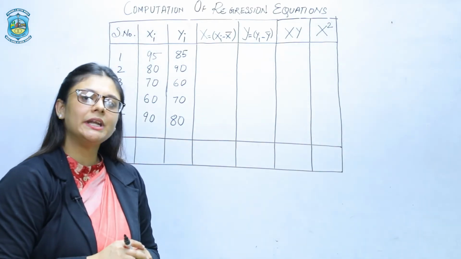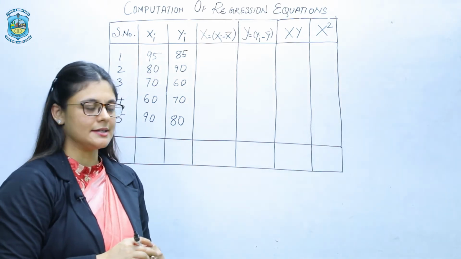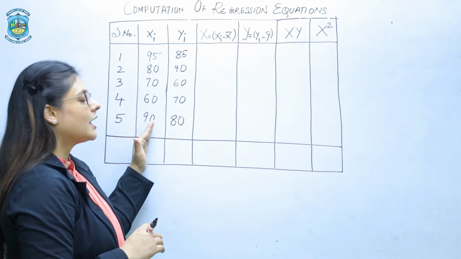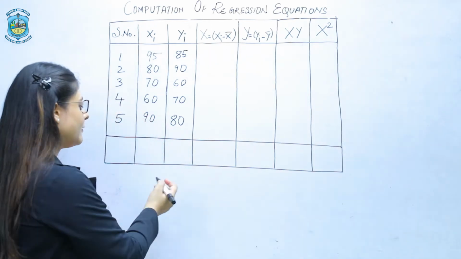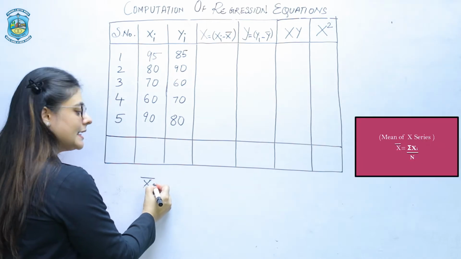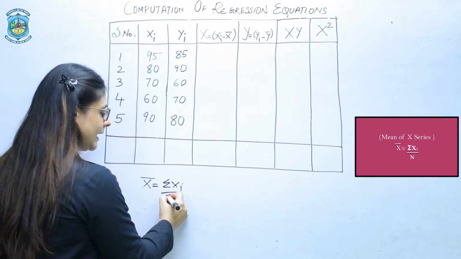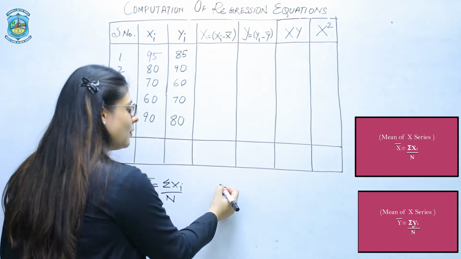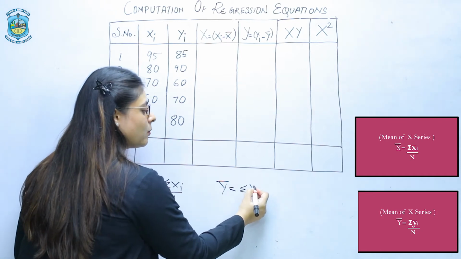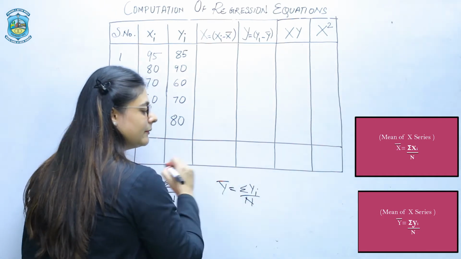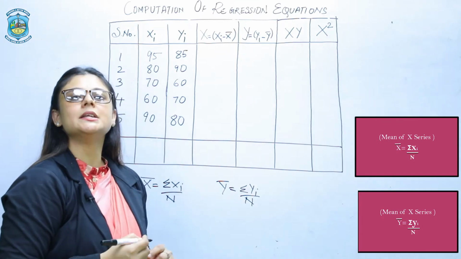In the first step, we need to calculate the mean of the xi series and the yi series. Here, we are going to calculate the simple arithmetic mean with the formula x bar is equal to summation of xi divided by n, and y bar is equal to summation of yi divided by n. It's the calculation of the simple arithmetic mean in an individual series.